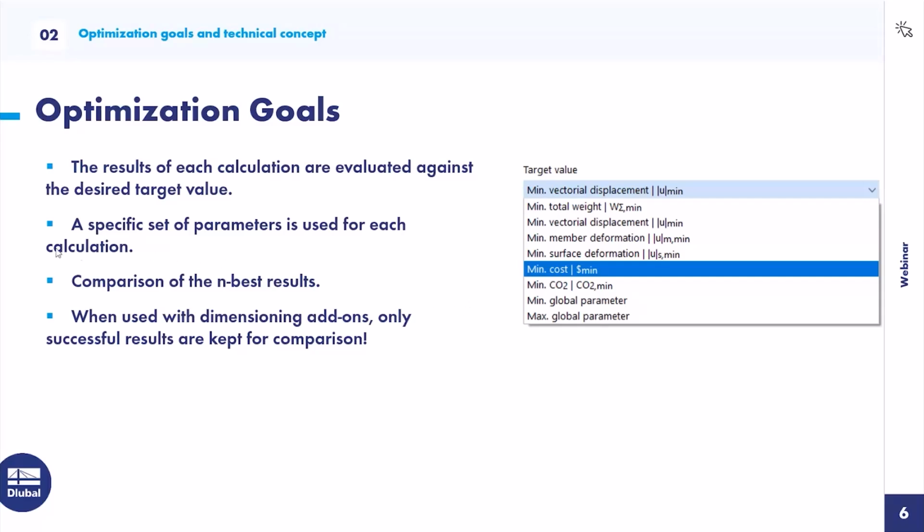Every calculation which is done is with a complete set of individual parameters, and RFEM performs a complete calculation for each run. At the end, like you have seen before, it will provide a comparison of the n best results, which you choose. By default, the 20 best models are kept.